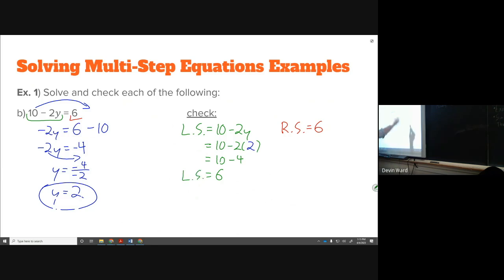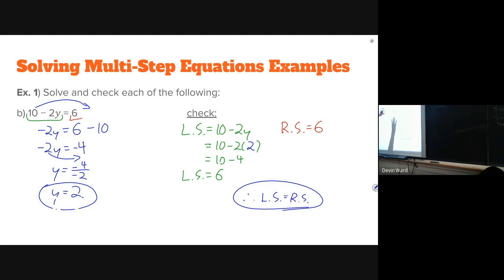So my left side is 6, my right side is 6. Therefore, left side of the equation equals right side. So we got the same thing for our left and the right. 6 is equal to 6. Everything checks out.